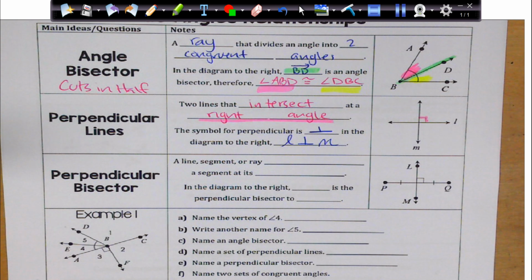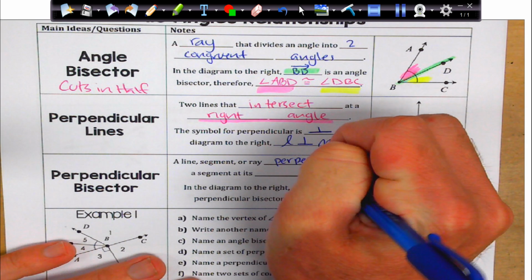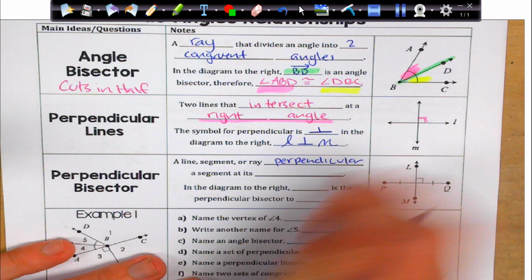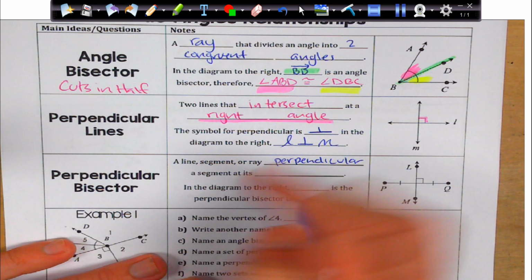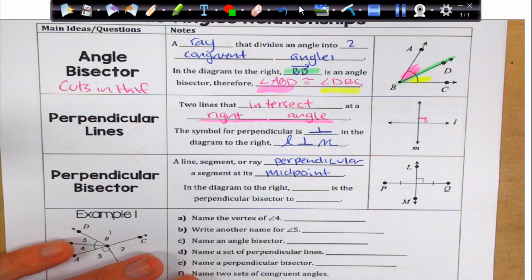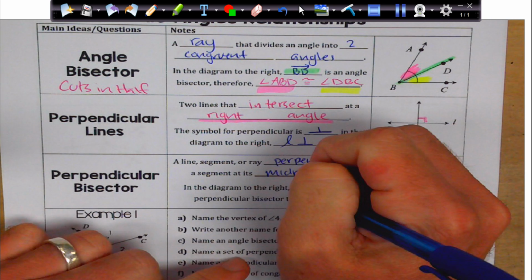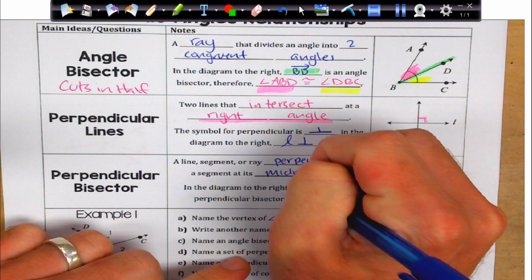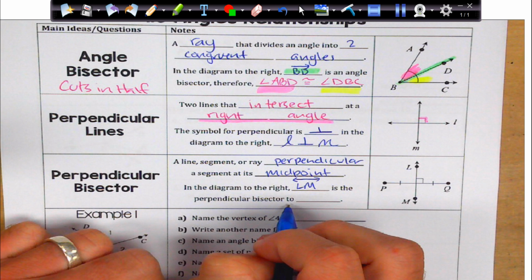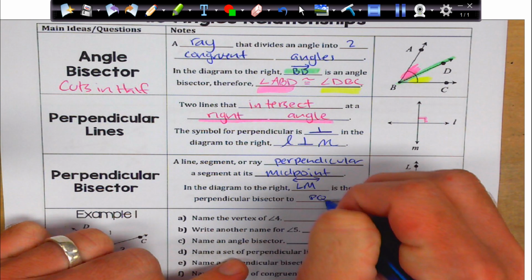Okay, so perpendicular bisector is a line, segment, or ray that is perpendicular, as we might suppose, and it also goes through the midpoint, so it bisects it. So in the diagram to the right, we have LM is the perpendicular bisector to segment PQ.